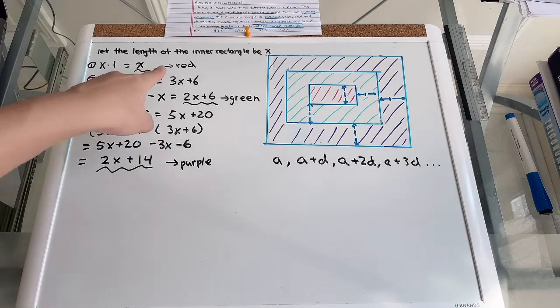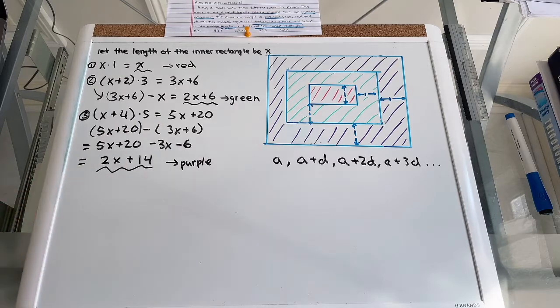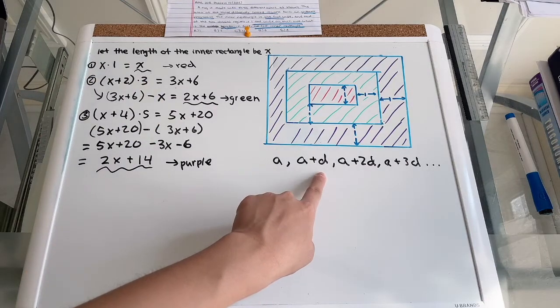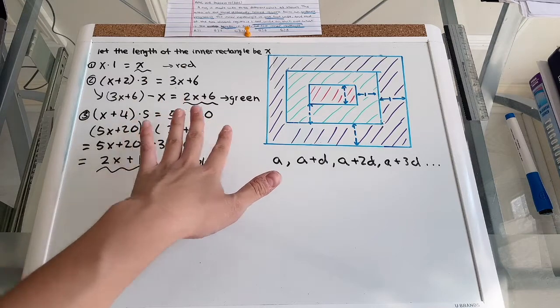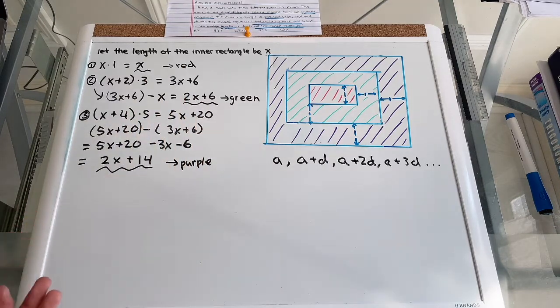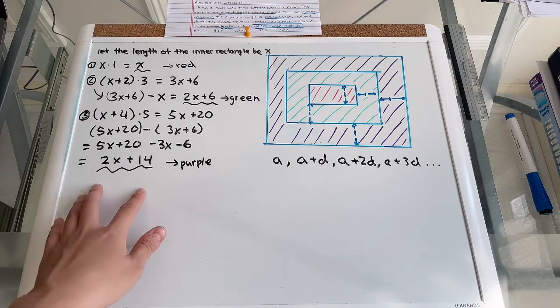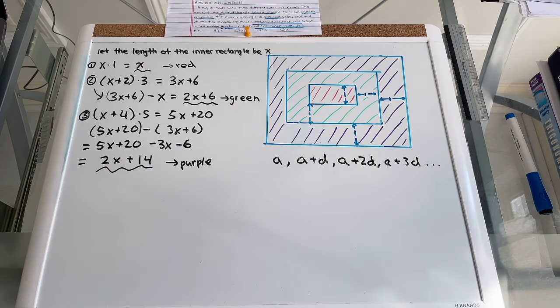And we know that these three areas form an arithmetic progression. So that means x plus a certain number, the common difference d, would equal the second shaded area. And the second shaded area plus the common difference d would equal the third shaded area. So here is the key part. We don't want to add an extra variable d into this equation.